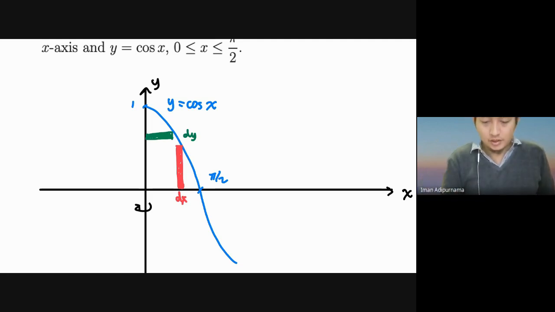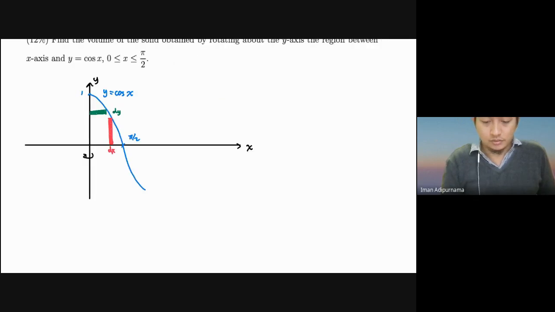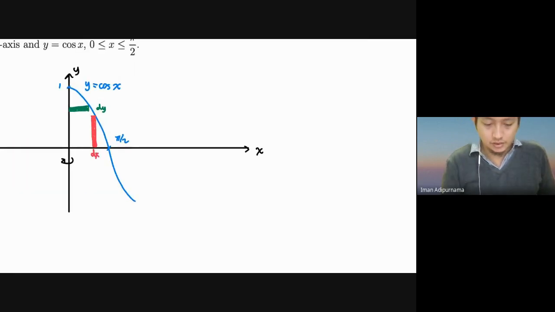If we take the dy, then we will have the disk method. Okay, so first is the disk method.